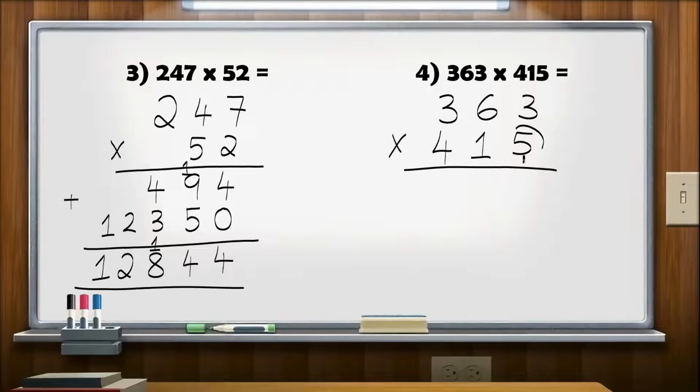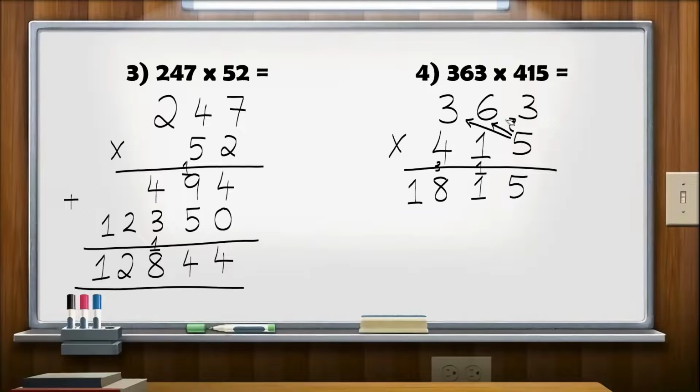Okay, so I'm going to start with the 5. So 5 times 3 is 15. So I put the 5 there and carry the 1 over. 5 times 6 is 30. Add the 1 is 31. So I'll carry over my 3. The 5 times the 3 is 15, plus the 3 is 18.